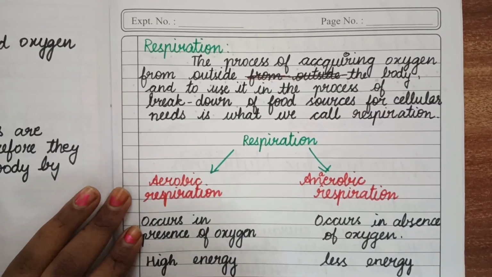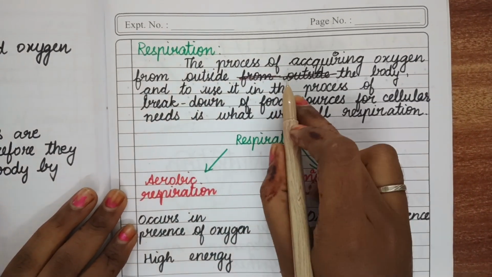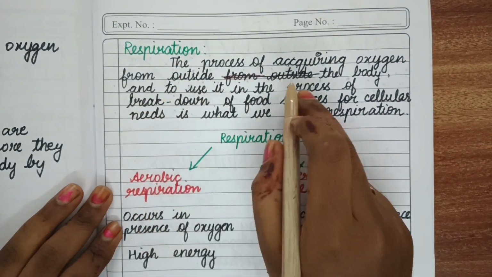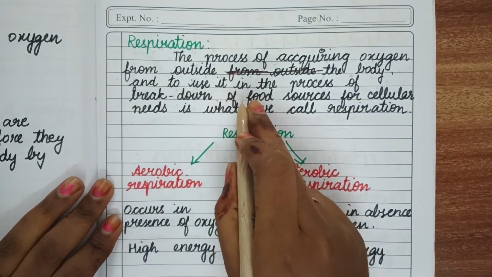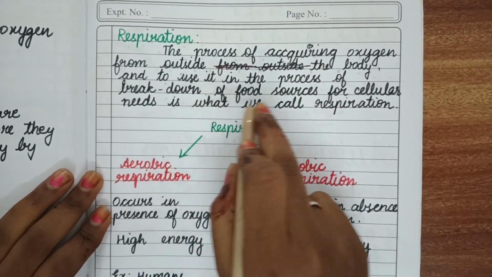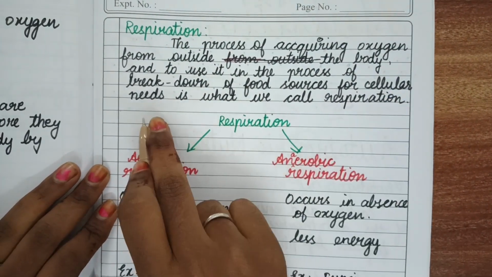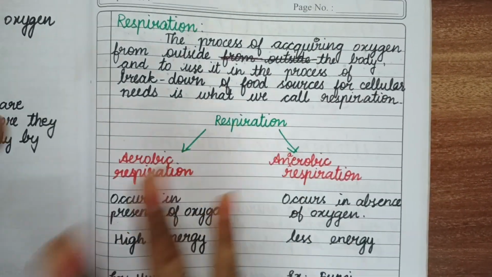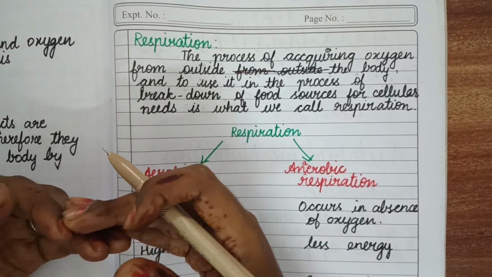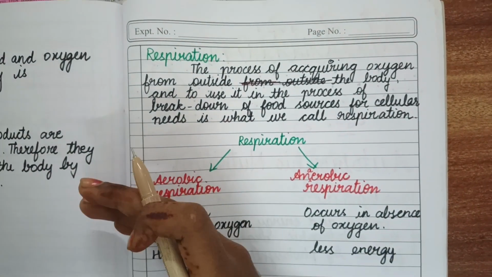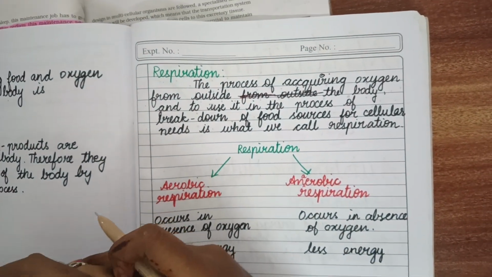Now let's learn about respiration. The process of acquiring oxygen from outside the body and using it in the process of breakdown of food sources for cellular needs is what we call respiration. Let's understand this. You all have studied in your previous classes that we take in oxygen and release carbon dioxide.